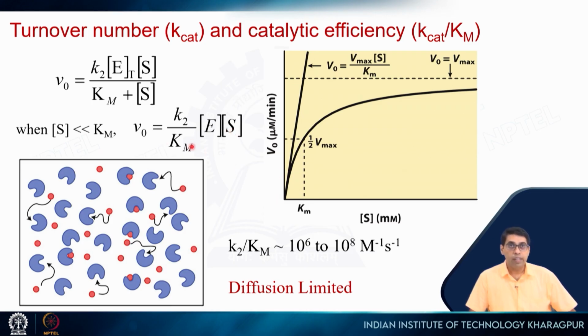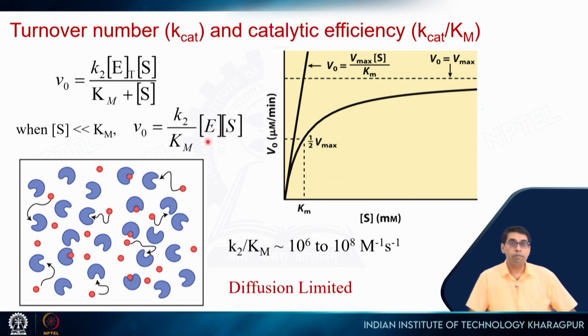Again you can see that the velocity will depend on E total, and we can assume that since the substrate is much less than Km, very little enzyme is bound. So, E total will be almost equal to the free enzyme concentration. So, we have replaced E total by E, right. So, this is the rate of association.